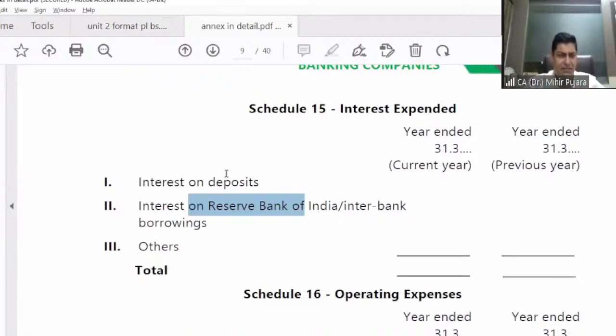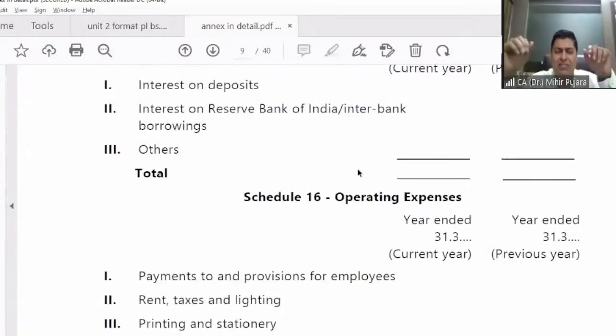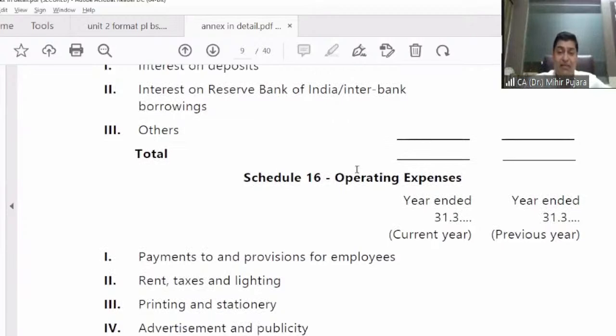So it's an interest expense: interest on fixed deposits, current deposits, term deposits, whatever, and interest to RBI or other banks from whom borrowing has been taken. So 15 is interest expense and 16 is all other expenses. You can remember it simply: all interest expenses are 15 and all other expenses are 16.